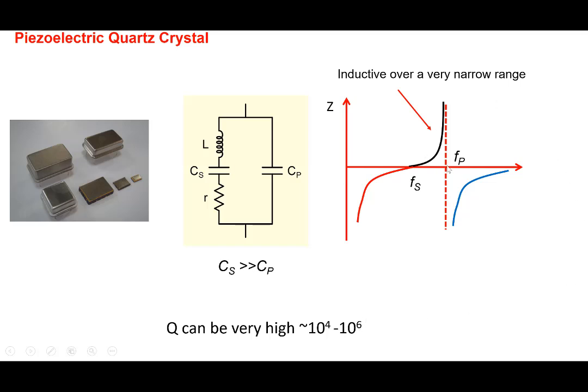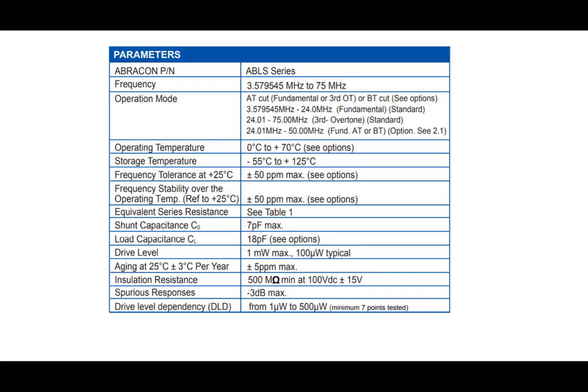FP is a very stable frequency point, with respect to both tolerance as well as temperature. Let me show you an example of a quartz crystal, and note that the frequency tolerance at 25 degrees is 50 parts per million, and the stability over the temperature range from minus 55 to 125 degrees is 50 parts per million.